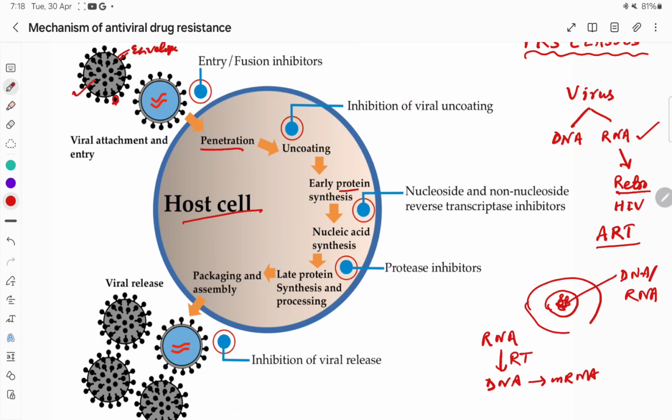Then these proteins undergo processing to form the structural and functional proteins, and the enzyme required is protease. And finally there is packaging and assembly, and by bursting the host cell, the virions, the daughter viruses, are released.